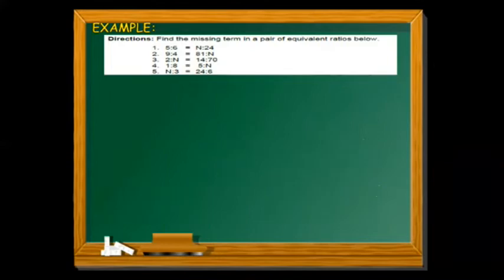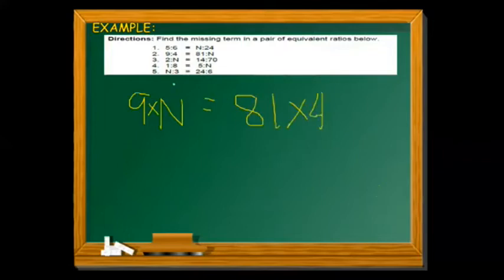Ayan, another example, number 2. And number 2, we have 9/4 is equal to 81/n. So we will now multiply: 9 times n is equal to 81 times 4. So this is the means, this is the extreme, and this is the means.